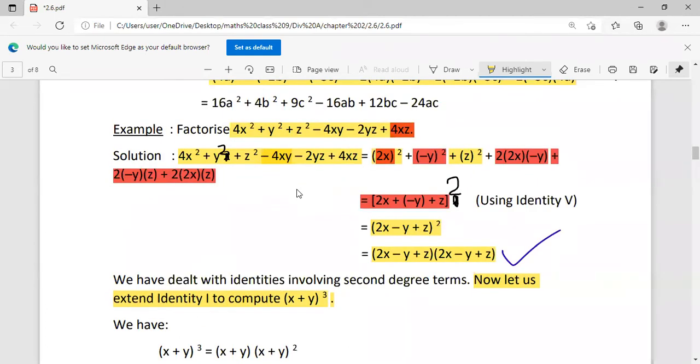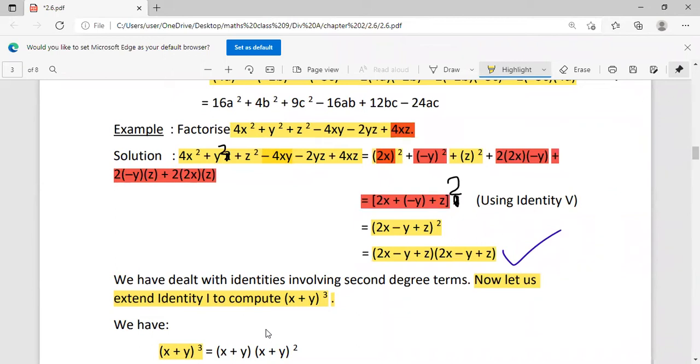Again I am telling you, most probably you won't be asked how we form the x plus y whole cube equation. You only have to learn the identity by heart. I am just showing this for your additional information. Most students find mathematics very difficult because they don't know how it is being generated.